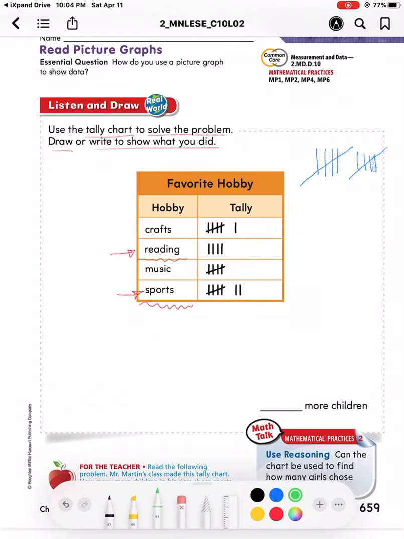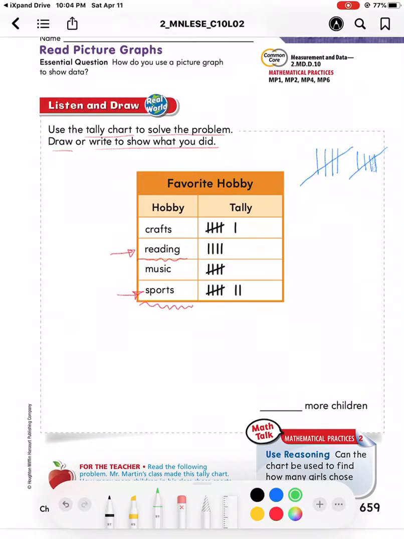Now I want you to read this tally chart with me. What is this tally chart about? What is the survey question do you think Mr. Martin's class used for this tally chart? Excellent. It's about the favorite hobby. Do you like crafts more, reading, music, sports? Okay?